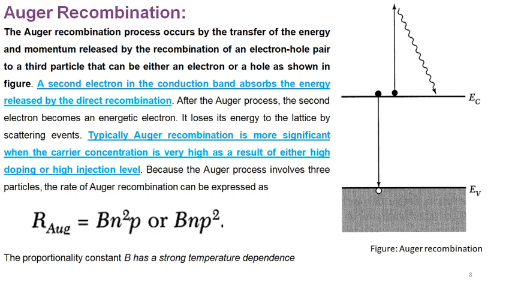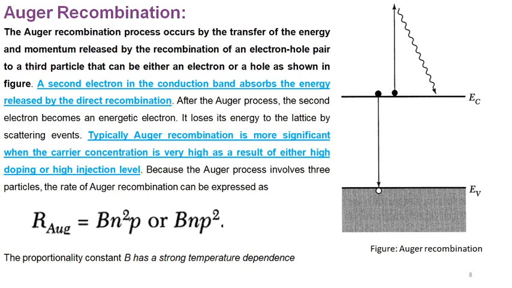Auger recombination is more significant when your carrier concentration is very high, as a result of either high doping or high injection level. This process involves three particles, as mentioned: an electron-hole pair, and the third particle may be an electron or a hole. This Auger recombination rate R Aug we can write as B n squared P, where B is a constant which depends on temperature.